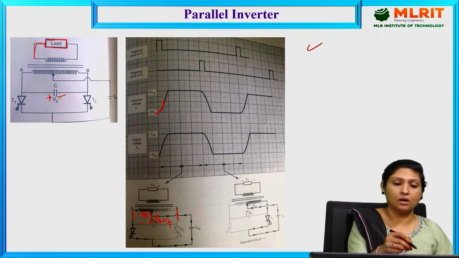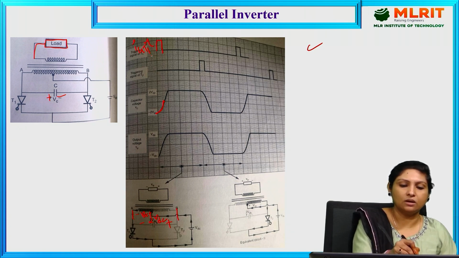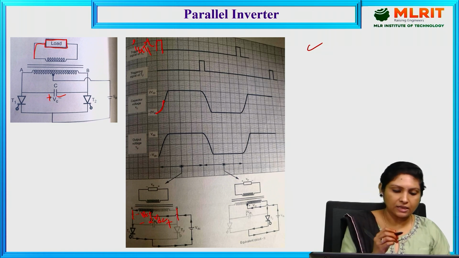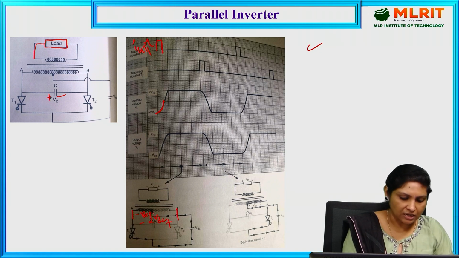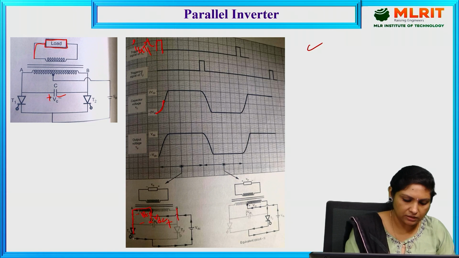The moment we provide the triggering pulse for thyristor 1, that is IGT1, at that instant the thyristor starts conducting current through the load in this direction.